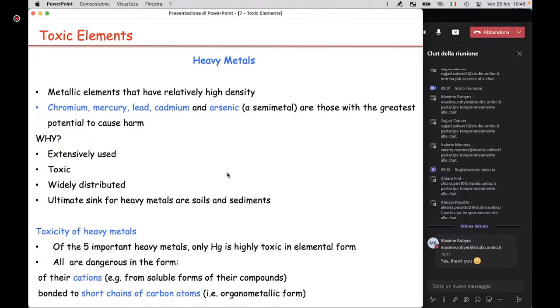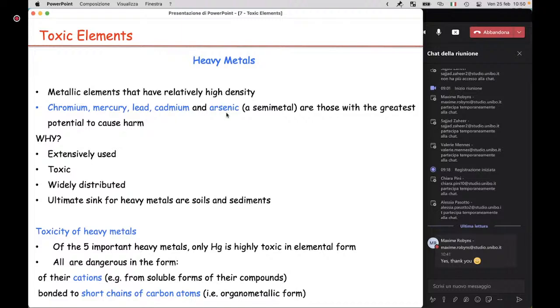The next class of toxic elements are heavy metals. Heavy metals, of course, is a group of elements, not a single element, a group of metals that have relatively high density. This is why they are called heavy metals. The most important ones are chromium, mercury, lead, cadmium, and arsenic.